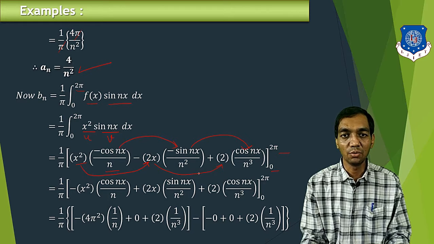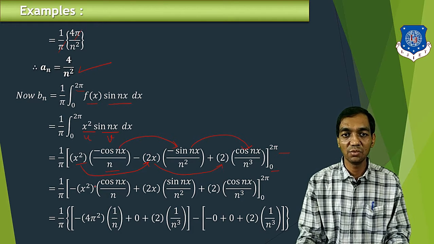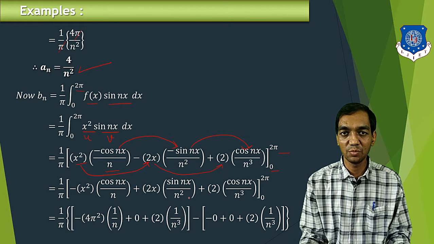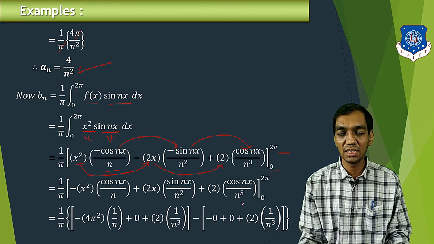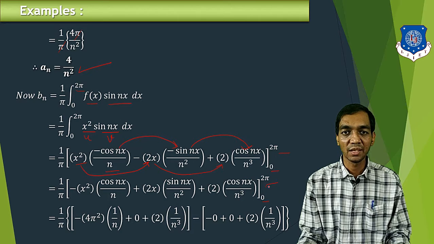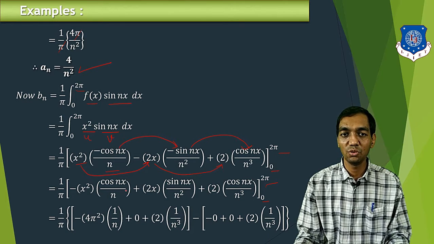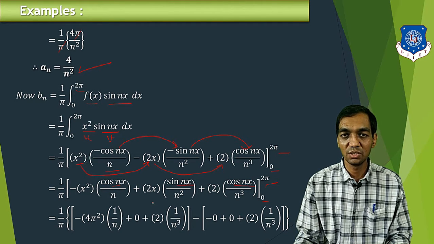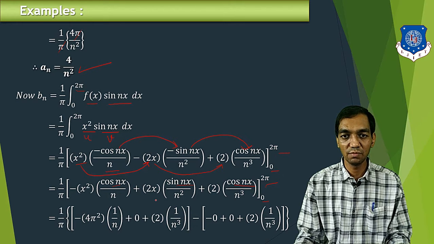Done. Now simplify this term, that will give you minus of x square into cos nx upon n, plus 2x into sin nx upon n square, because minus minus plus, and plus 2 into cos nx upon n cube. Limit is from 0 to 2 pi. Now if you put 2 pi, then cos 2n pi has a value 1, so this value is going to be 1, this value is going to be 1, and this value is going to be 0, because sin 2n pi has a value 0.